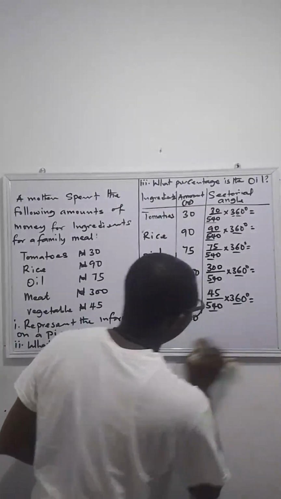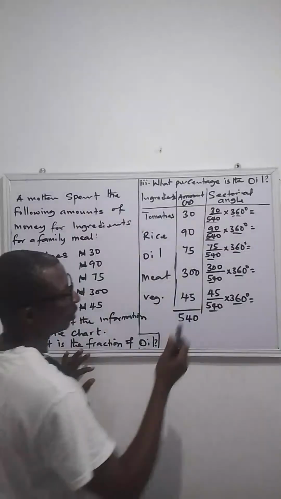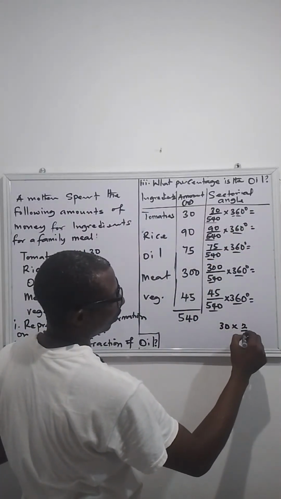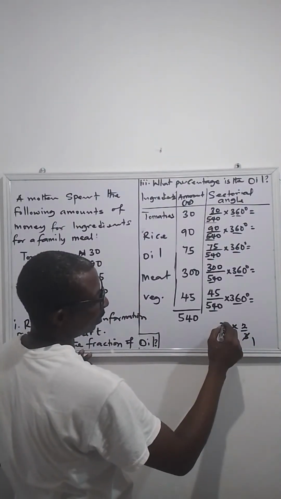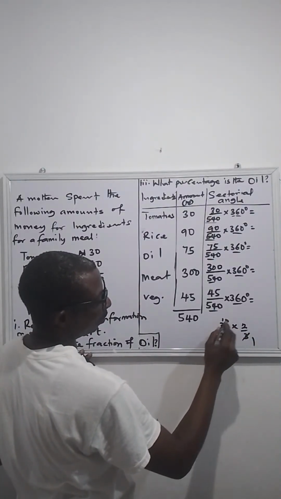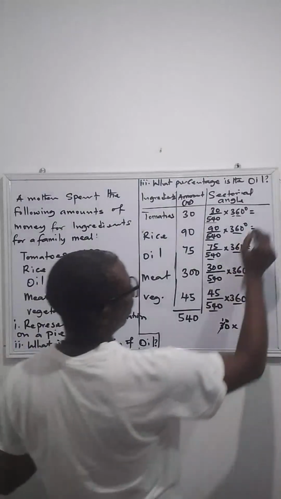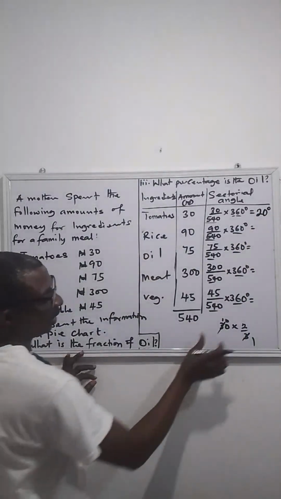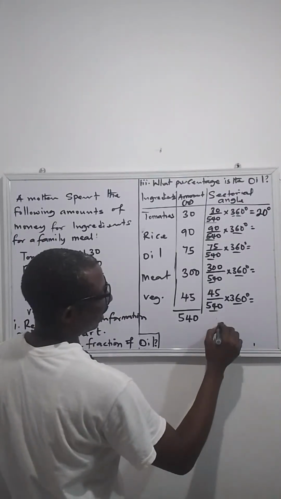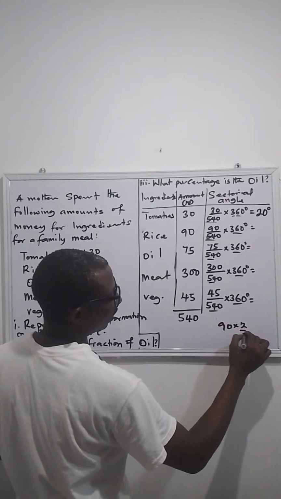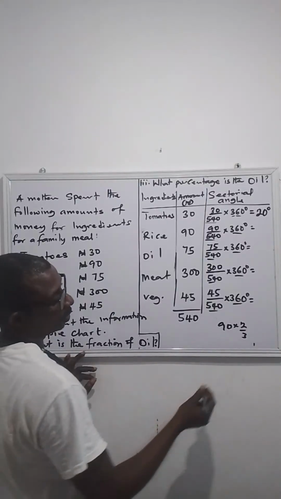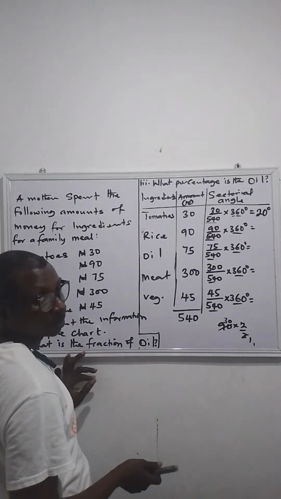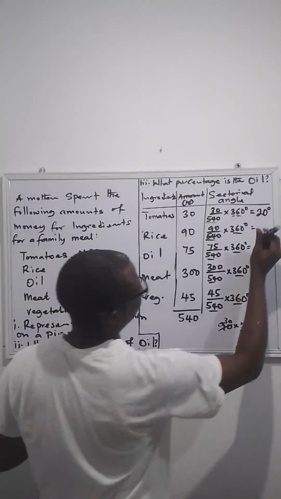So now, see what I'm going to do. To get the answer here, I'll say 30 times 2 over 3. So 3 goes here 1, 3 goes here 10. So 10 times 2, that's 20. So I have 20 degrees. Okay, the next one is going to be 90 times 2 over 3. 3 goes here 1, 3 goes here 30. 30 times 2, that's 60 degrees.